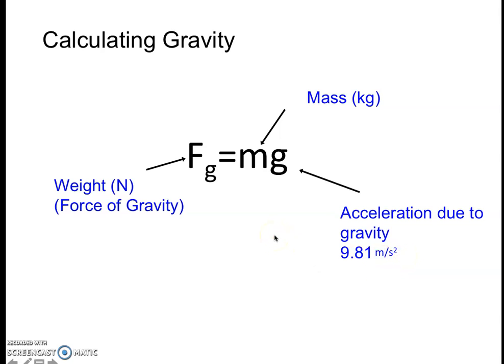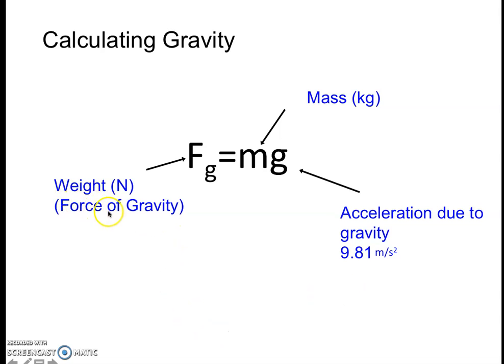So we have our calculation for force gravity. What you'll find is that this is pretty straightforward. If you know the acceleration due to gravity on whatever planet you're looking at, you just multiply the mass in kilograms by that acceleration. Most problems are going to be set here on Earth, so you'll be using the acceleration due to gravity on Earth, but sometimes it's fun to see how things are a little bit different on other planets.